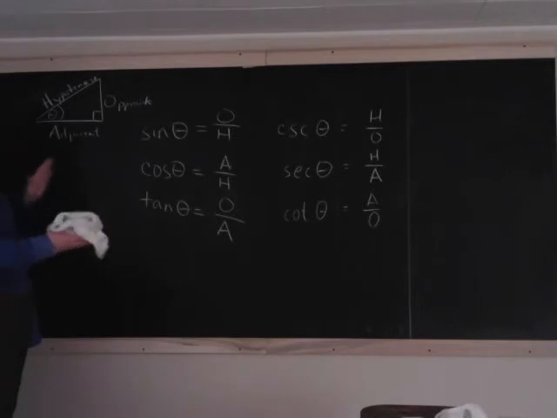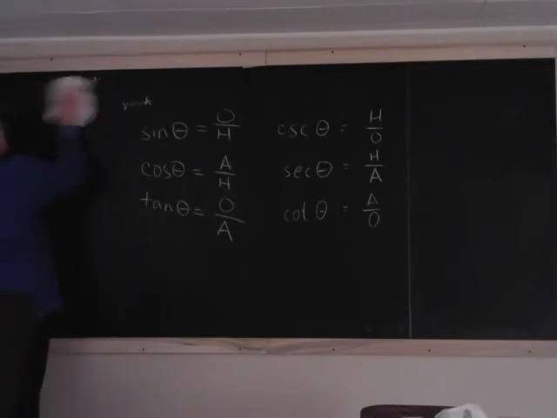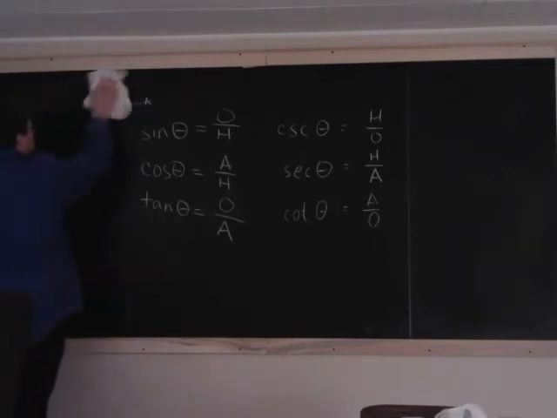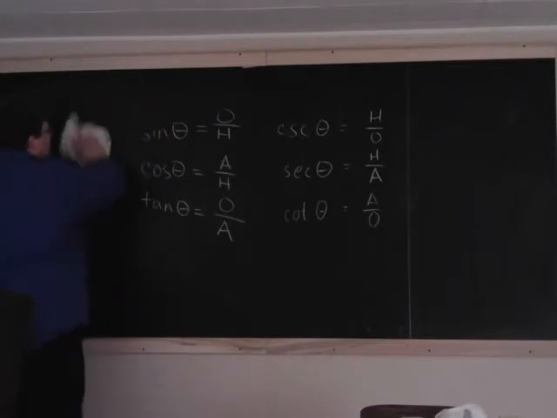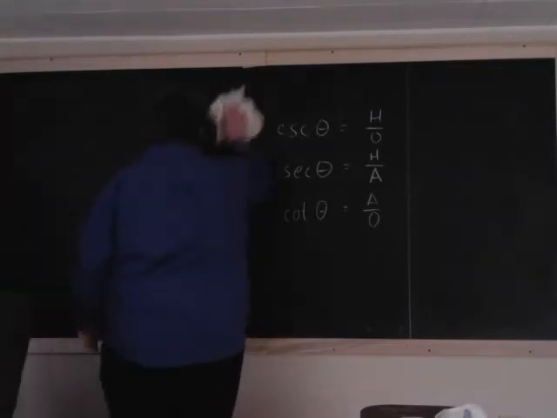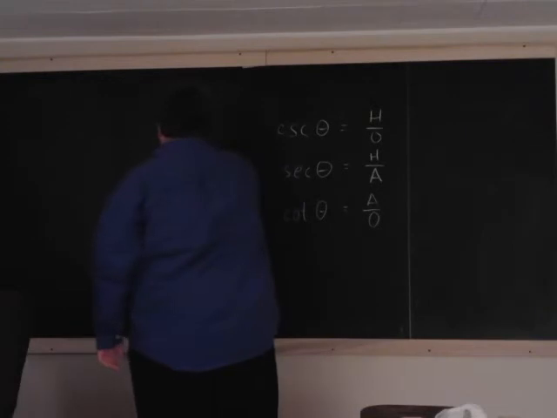So first, let's keep these in mind. The definition started with a right triangle and an angle in the right triangle. Another way of defining them, and we'll use this as well, is using the unit circle.